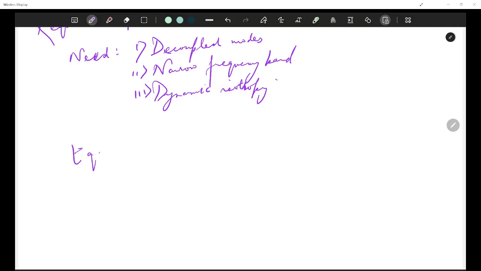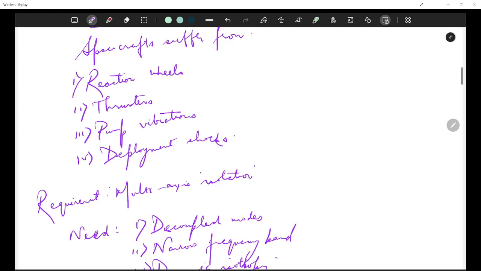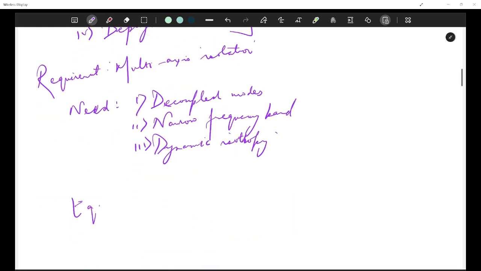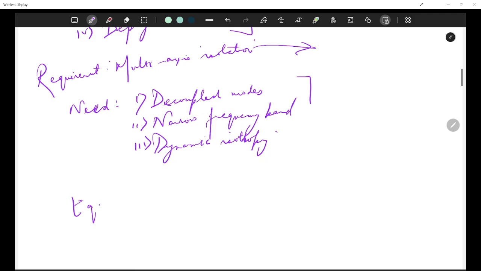Before that, if you understood clearly, these create the vibrations, and optical instruments are very sensitive. Even small microgravity vibrations matter. So we need isolation in X, Y, Z and roll, pitch, yaw. That is what we are talking about here.